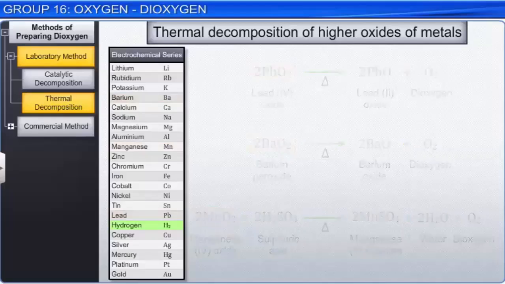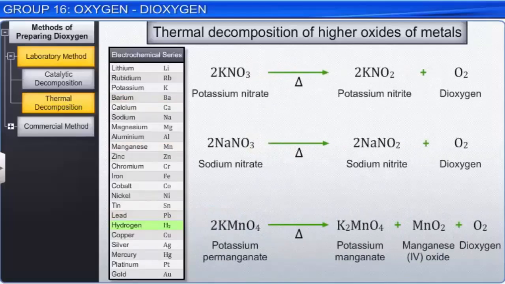The thermal decomposition of salts rich in oxygen, such as nitrates, for example, potassium nitrate or sodium nitrate, and permanganates, for example, potassium permanganate, also yields dioxygen.